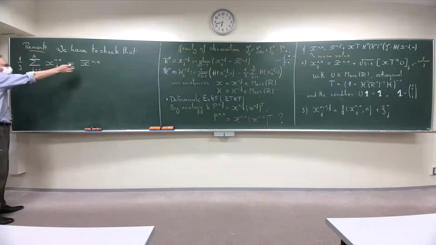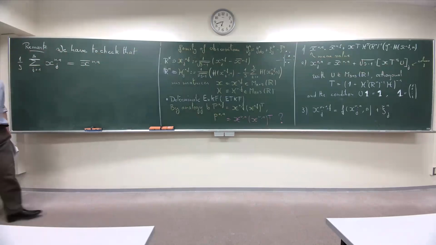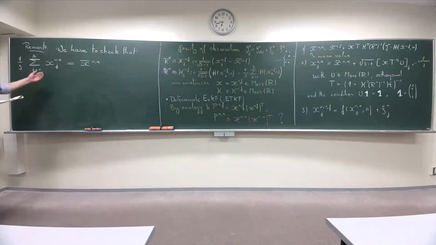Usually you define this mean value by this formula, but in this argument, we start by this mean value. So I need to check this.